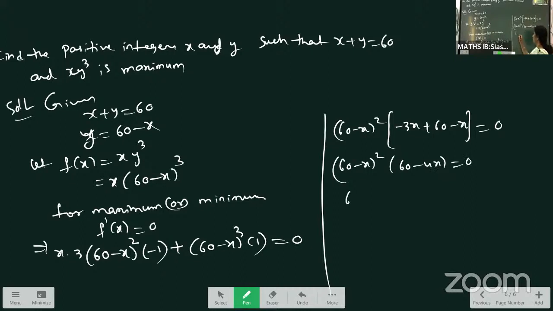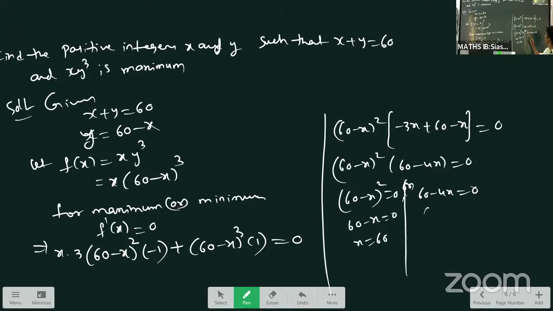So you can take (60 minus x) whole square is equal to 0 or 60 minus 4x is equal to 0. From here, 60 minus x is 0, x is equal to 60, or 60 minus 4x, so 60 is equal to 4x. x is equal to 60 by 4, so x is equal to 15.